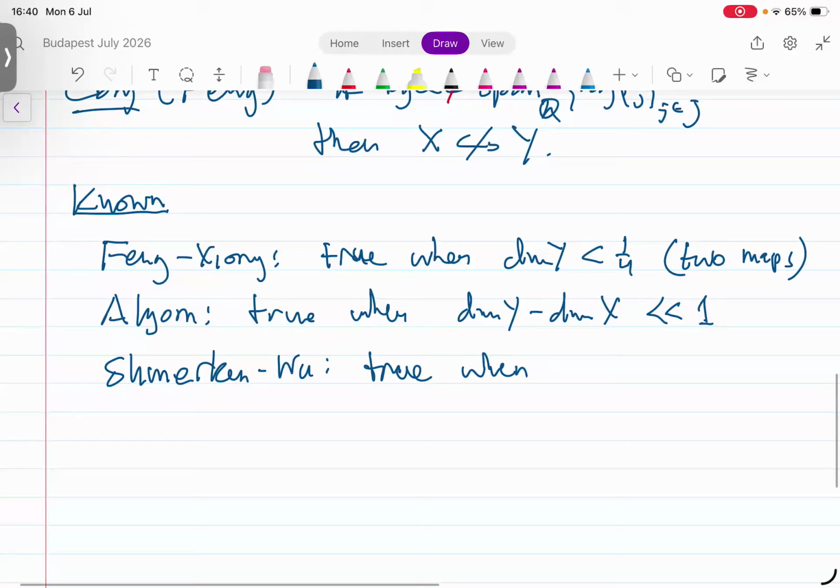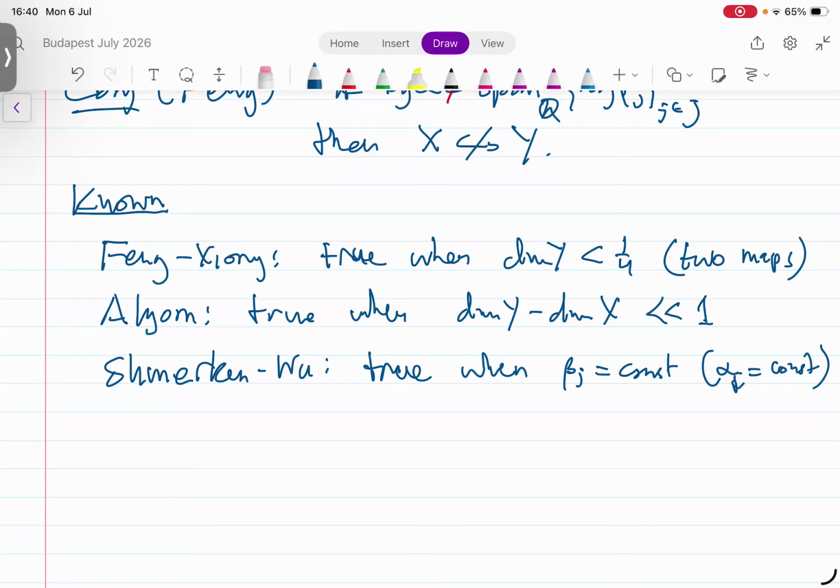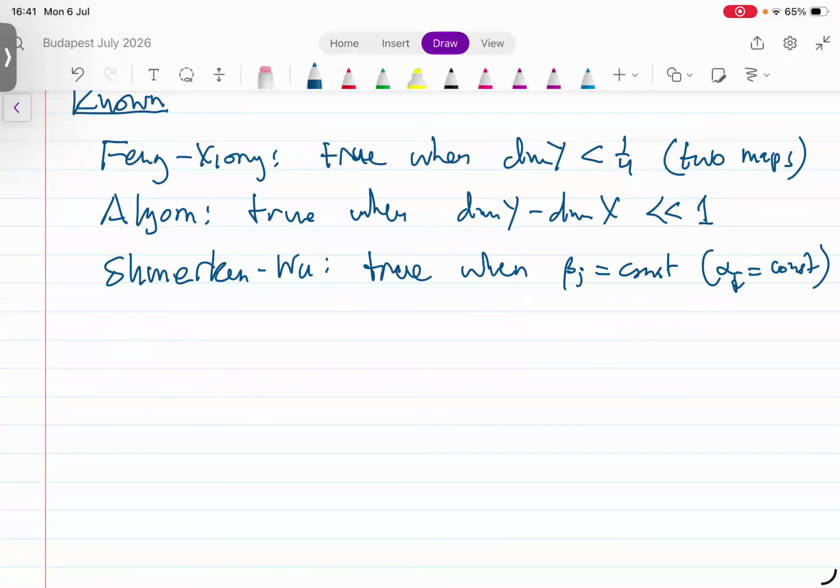So it's true when the beta j's are constant, and also the alpha i's are constant, as I already said. In the non-uniformly contracting case, their method, at least out of the box, doesn't work. And so the open case is what happens when the beta j's are not all the same. Okay, so that's more or less the situation.